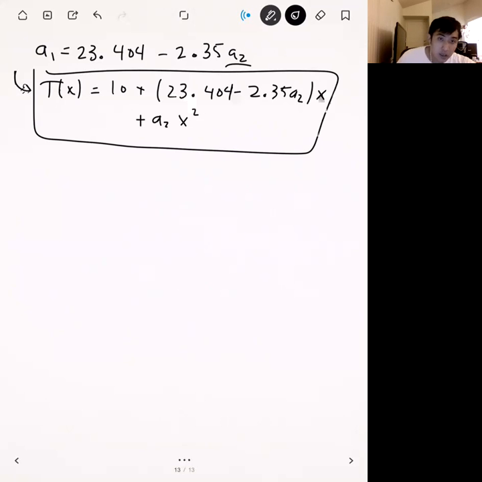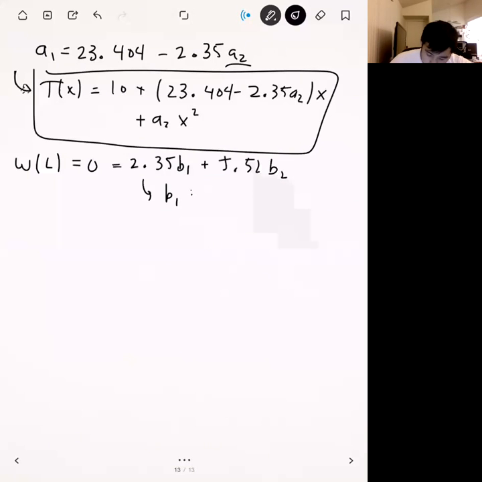Okay. All right. And similarly, we can do that: W of L is equal to 0. Okay. And so this is going to be equal to 2.35 B1 plus 5.52 B2. Okay. So I just plugged in 2.35 for L. And what we get from this is that B1 is equal to minus 2.35 B2. Okay. And then plug this back in.